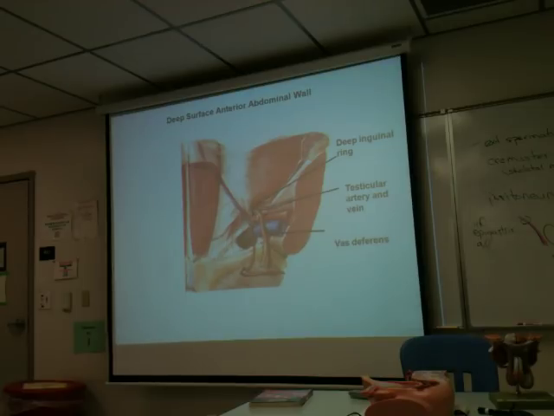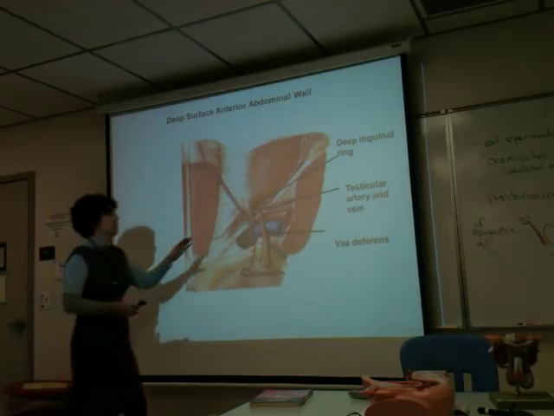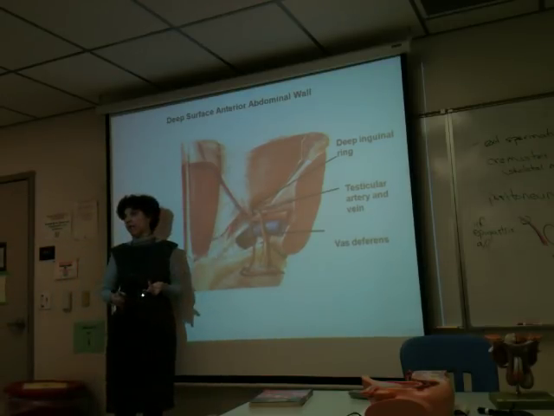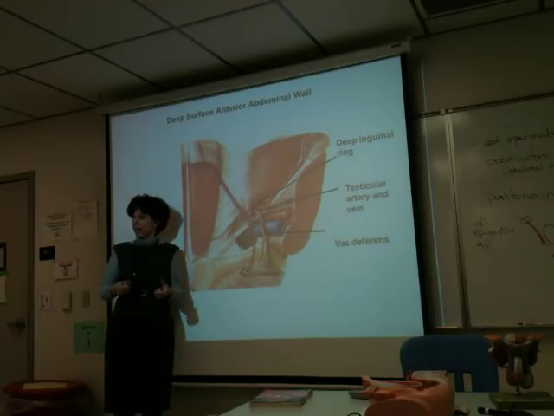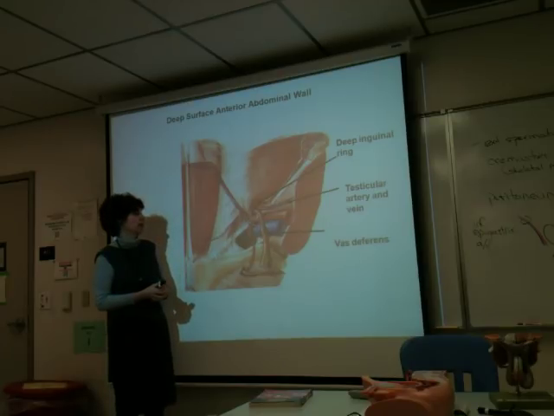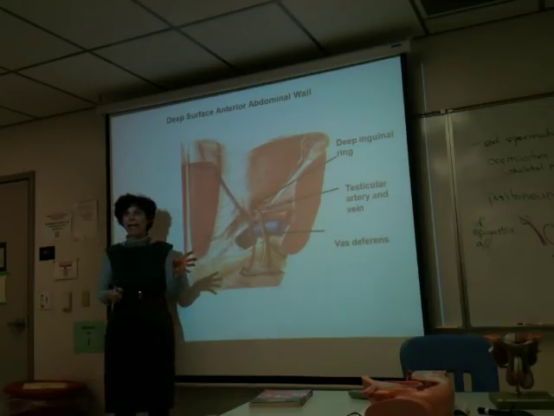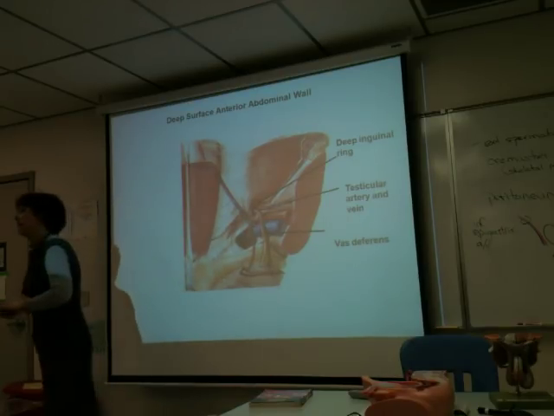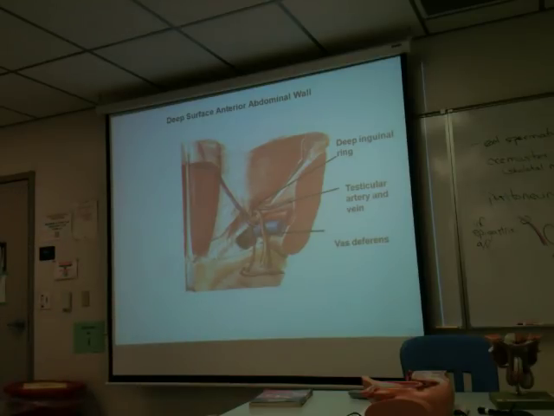So an inguinal hernia is a weakness in the muscle wall that might be congenital but exacerbated by heavy lifting, anything that increases intra-abdominal pressure. And there are two ways for the intestinal loop to penetrate and end up in the inguinal canal.